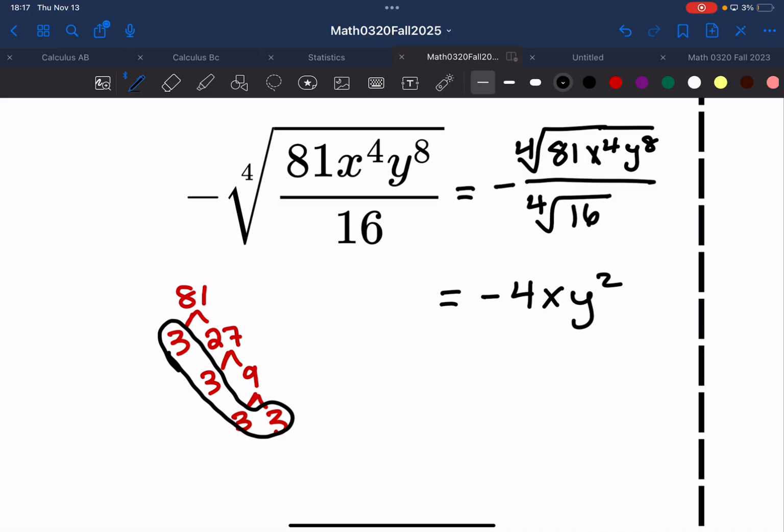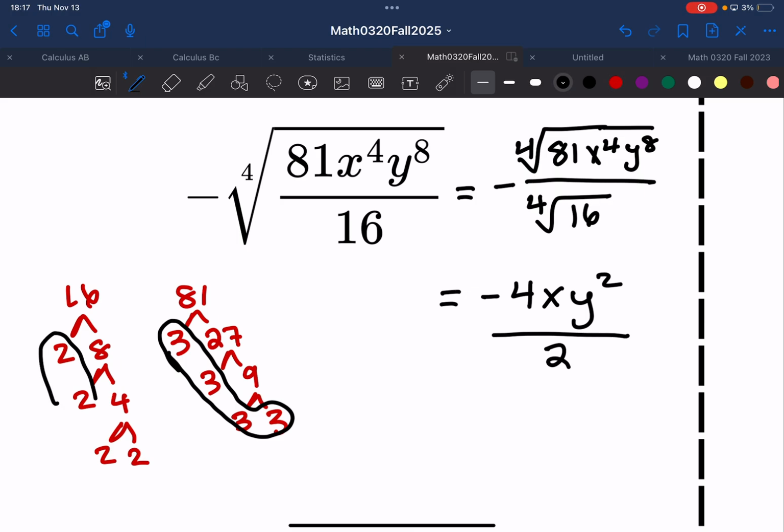Y squared. And then on the bottom, I just have to find the 4th root of 16. It's 2, because remember, I could do it off to the side. 16 is 2 times 8, 2 times 4, and 2 times 2. And how many 2's are there? 4. So I would circle how many groups of 4? 1 group of 4. So that means the 2 comes out from my group. So this is my answer.